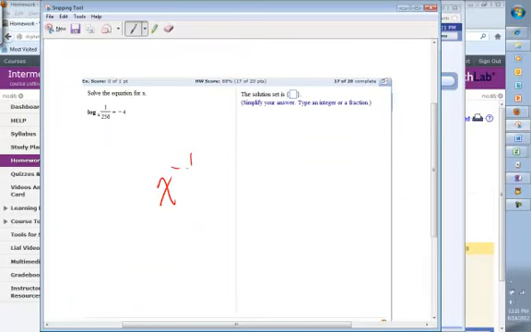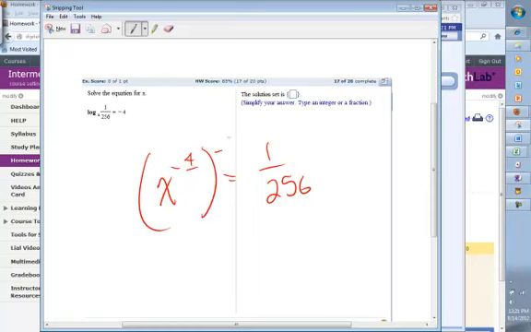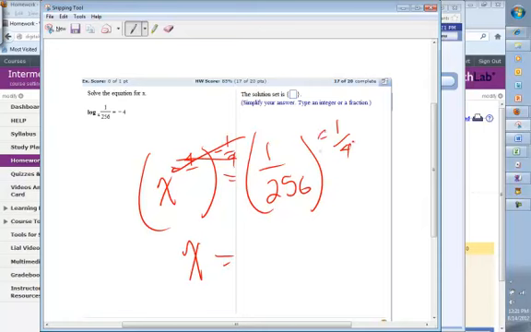X to the negative 4th is 1 over 256. Let's raise both sides to the negative 1/4 so that these cancel, and we get x equals 256 to the 1/4, the negative sign telling us to take the reciprocal, which is the 4th root of 256.